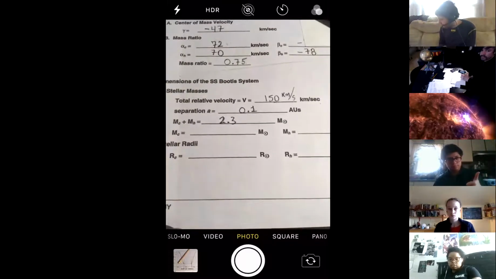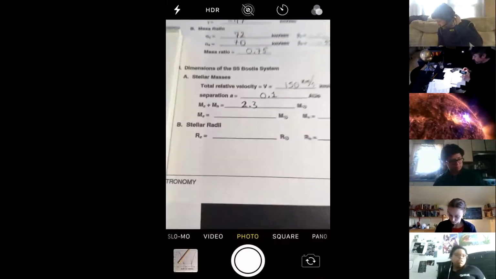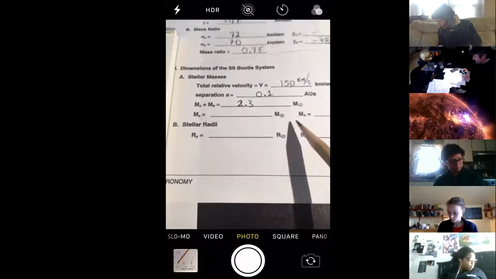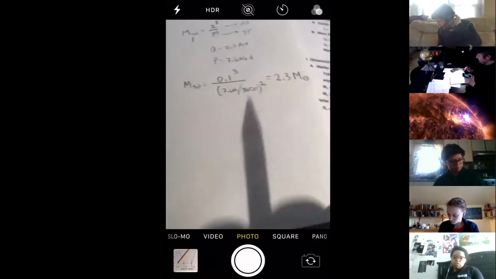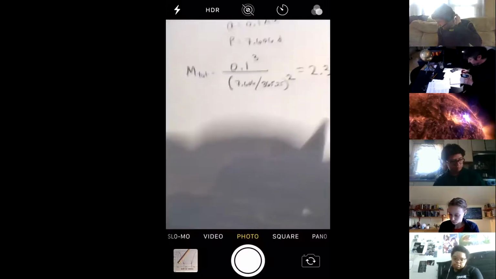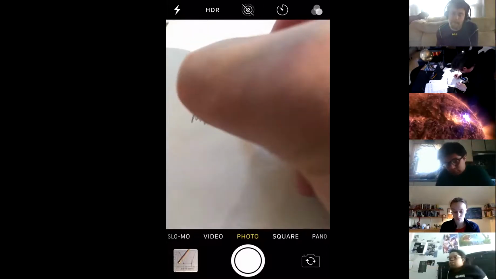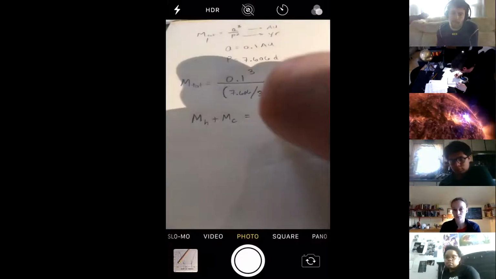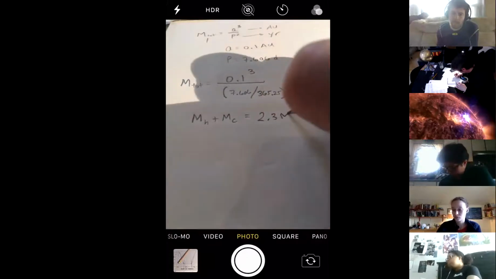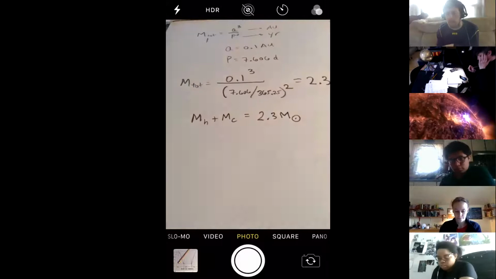All right. Now they want us to find the individual masses, and that's a little bit tricky. This is a game called Two Equations, Two Unknowns. See if you can follow my calculations here. I know that the mass of the hot star plus the mass of the cold star have to add up to 2.3 solar mass units.